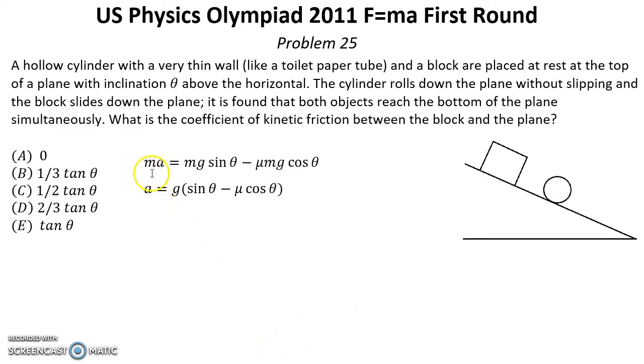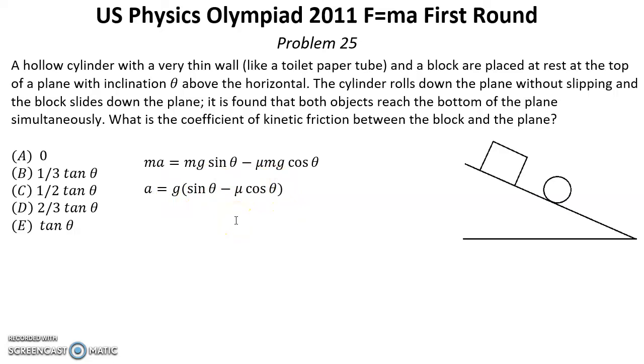For the block we have the equation ma equals mg sine theta, which is the part of the force of gravity along the incline, going down the hill, minus the force of friction, which is mu mg cosine theta. And from here we can find that the acceleration equals this expression.